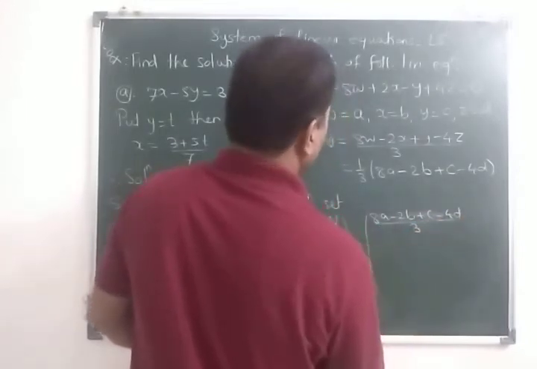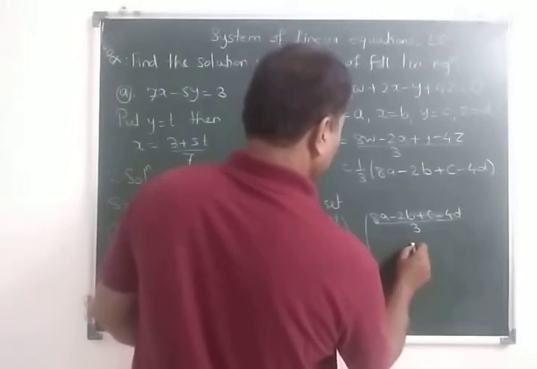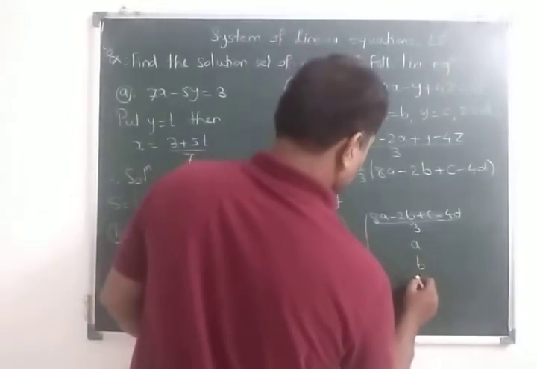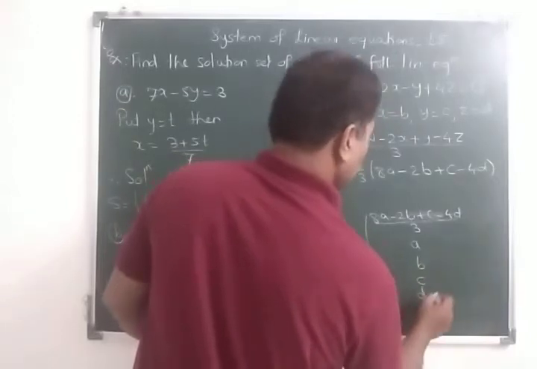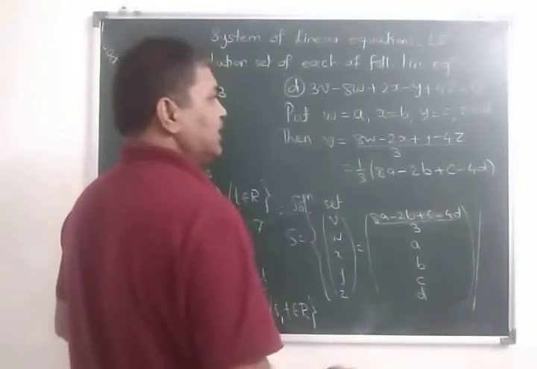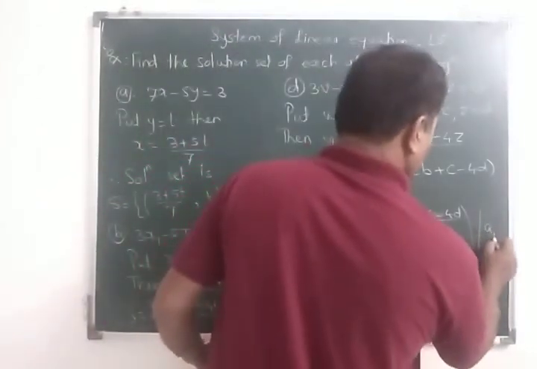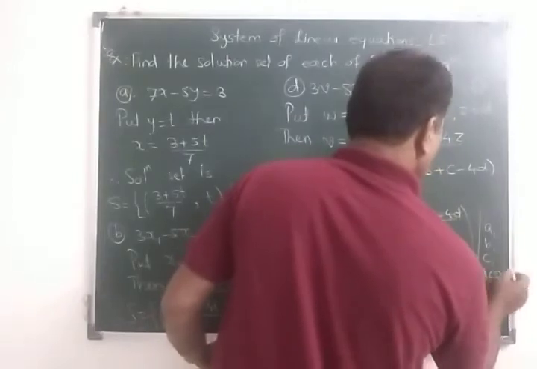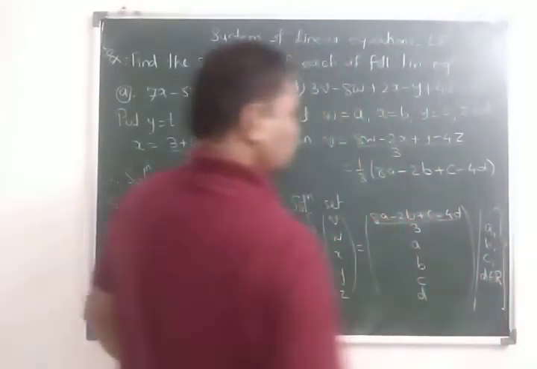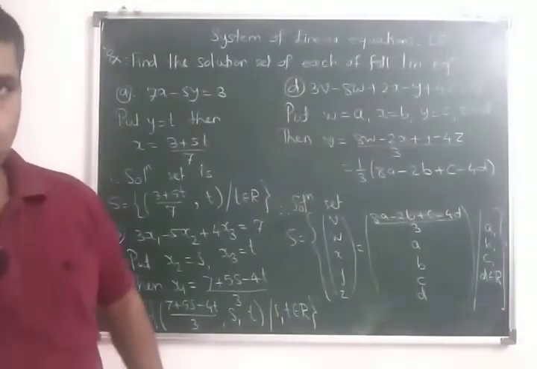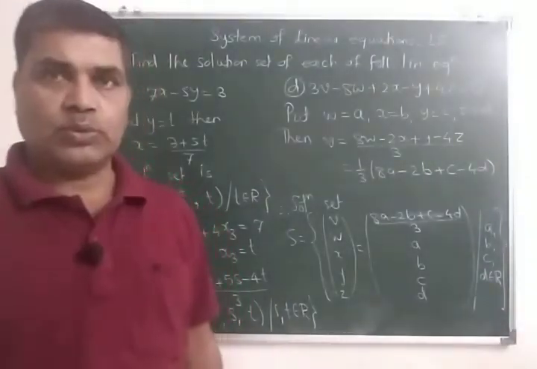Then w is a, then b, c, d, where a, b, c, d are real numbers, a, b, c, d belong to R. So in this way, you can write the solution set column wise also.